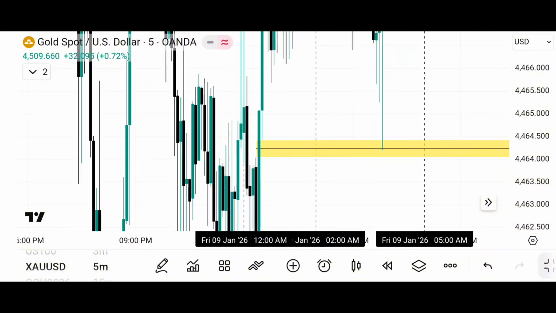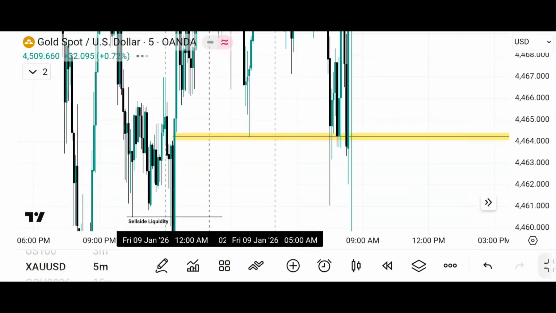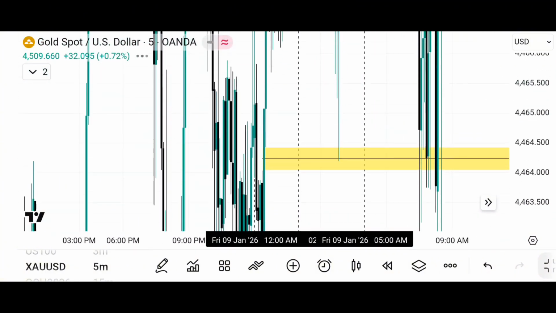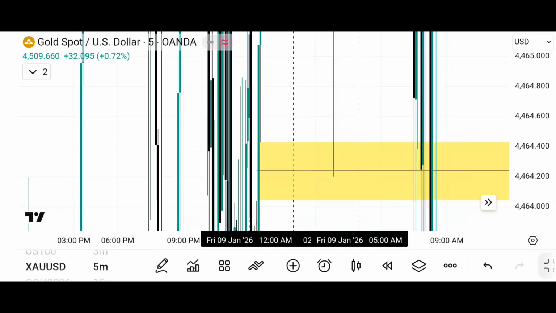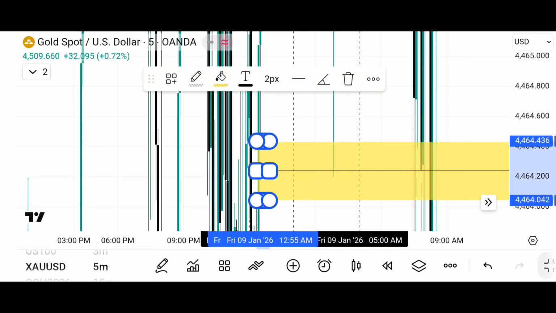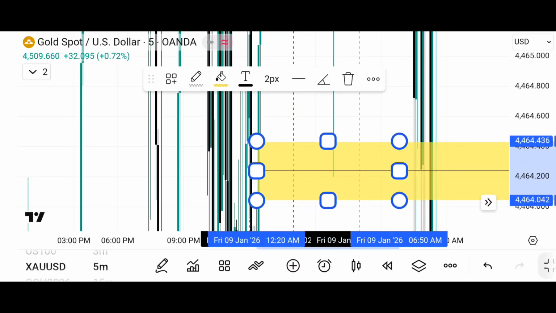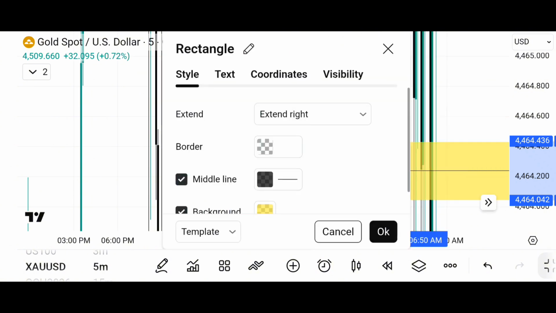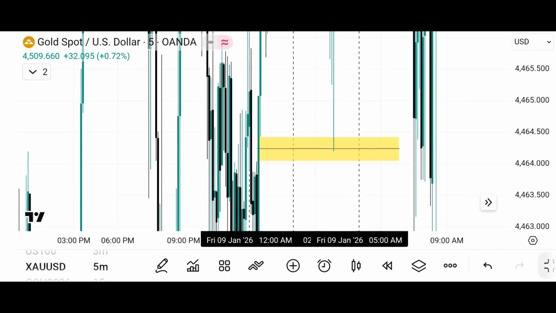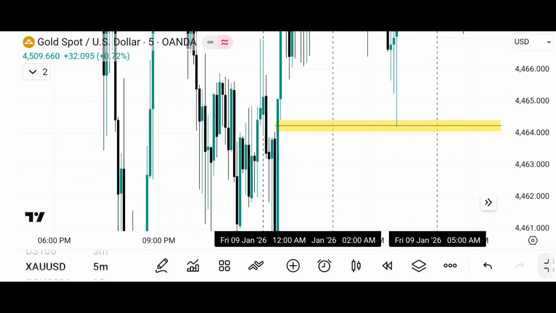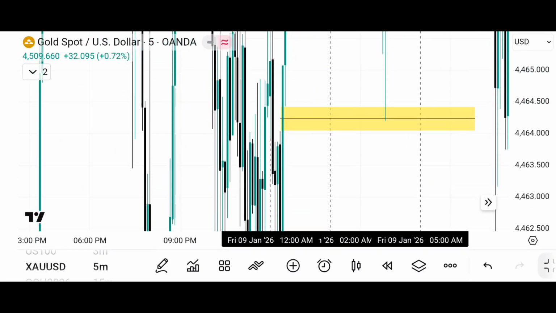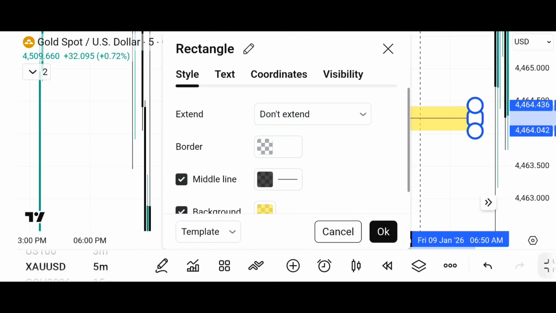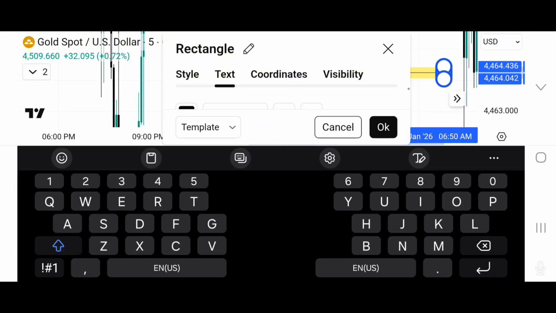So this is our fair value gap. I don't like the way it's being extended, so remove extension. Okay, so this is our fair value gap. This is a 5 minute fair value gap, that's how I will label it.